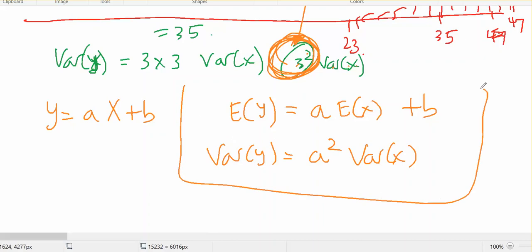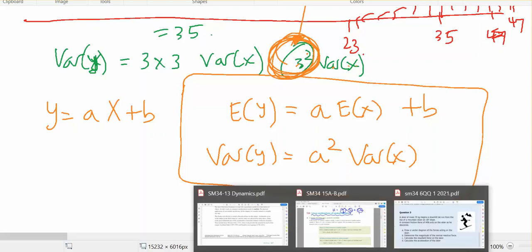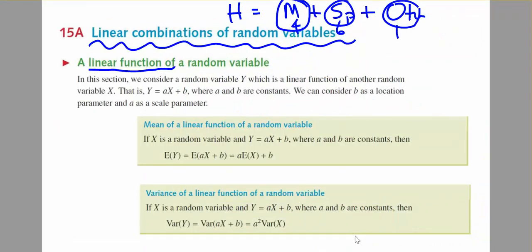And those are the main rules that we need to follow when dealing with a linear combination of variables. And that's exactly what this says and what this says.